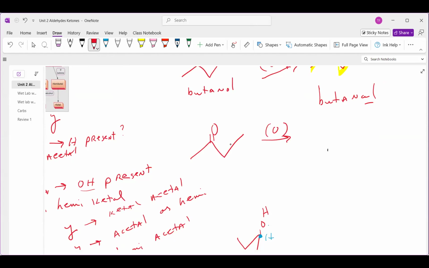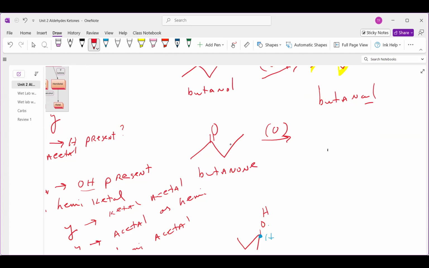Oh, this is a ketone, 4-carbon ketone, so it's going to be butanone, and you don't have to label the aldehydes or ketones. You just put aldehyde or ketone. Since officially Unit 2 hasn't started yet for your test.